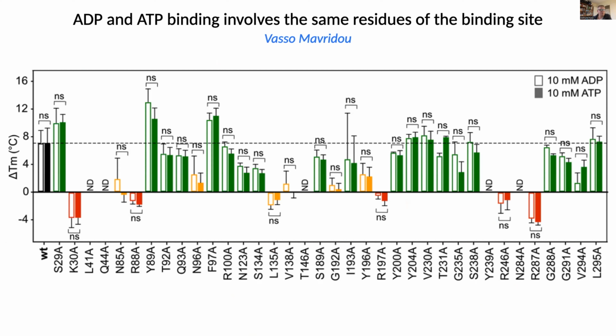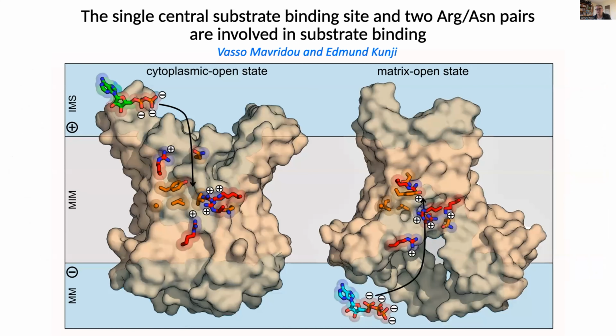So it turns out we could prove in this way that the adipate carrier has just a single site to which both substrates bind. Okay, and how could we explain it? When we looked at these essential and important residues in the context of the two structures we had, there was a very striking result. First of all, there are the residues which we dubbed the central substrate binding site, shown here.